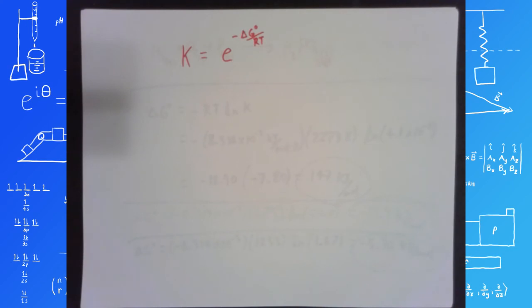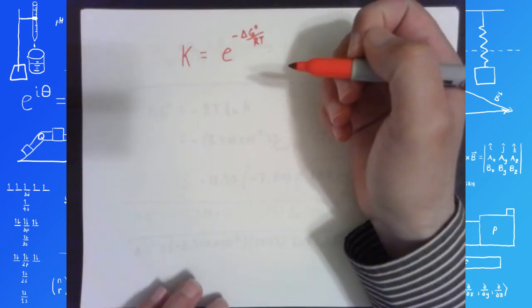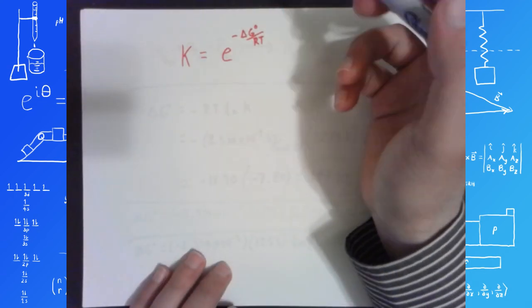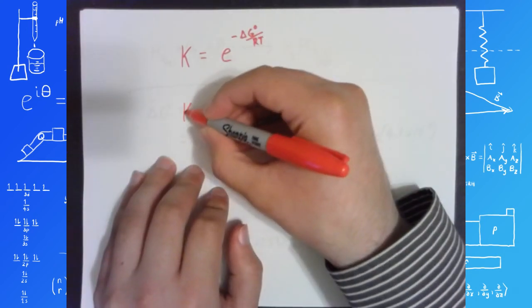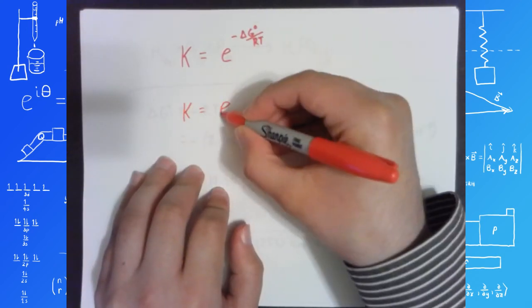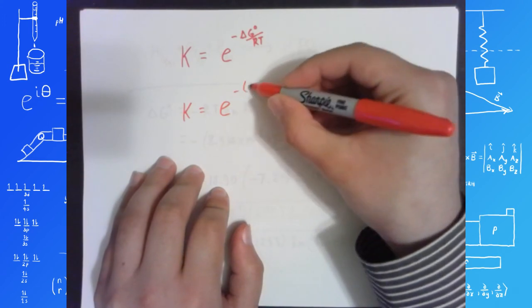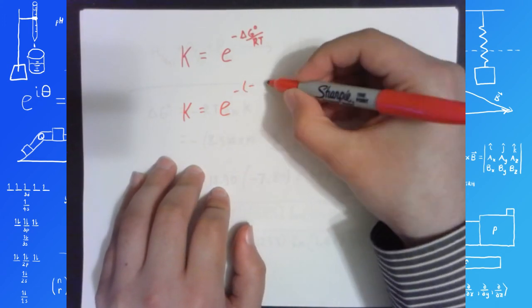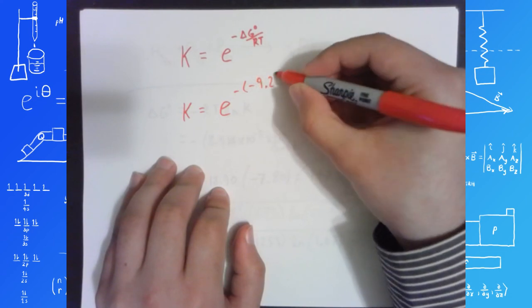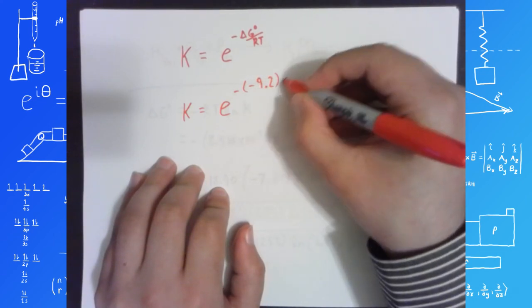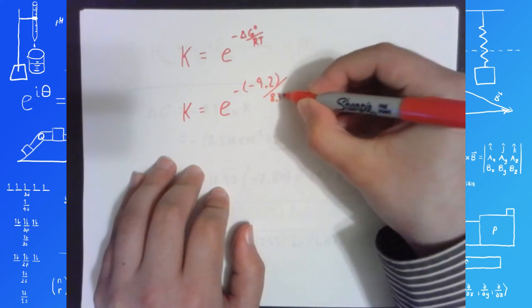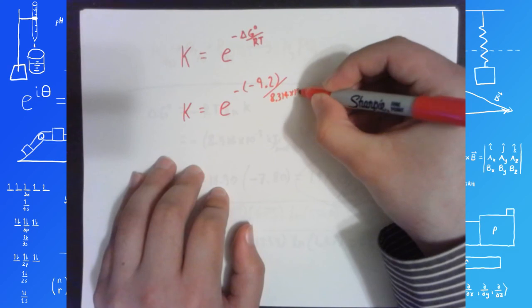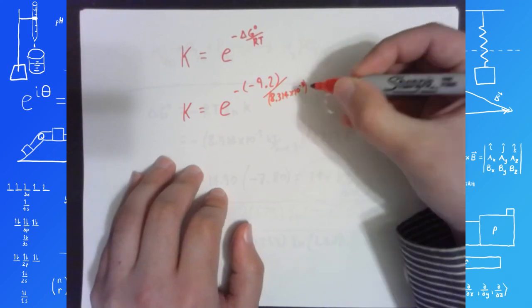Okay, so our delta G standard was negative 9.2 kilojoules per mole. They just said kilojoules, but same thing. So K equals e to the negative 9.2. That's in kilojoules, so R needs to be in kilojoules per mole Kelvin: 8.314 times 10 to the negative 3 times the temperature.